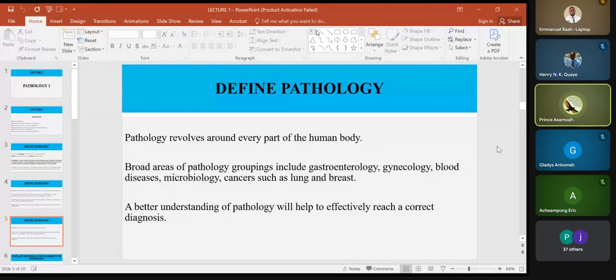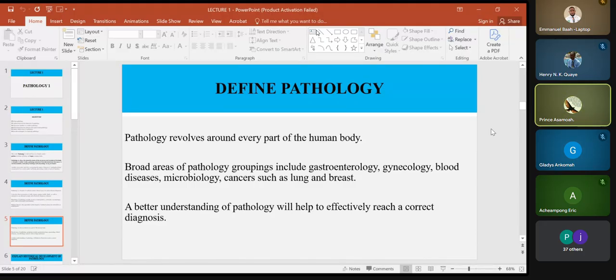You can focus on hematology, blood diseases, or microbiology, cancer such as lung cancer, all of them. Pathology is simply broad. So all that we are going to do is to study general pathology and then do systemic pathology. In your advanced levels, if you are interested in pathology, you can pick a path and then go, and you'll be fine.